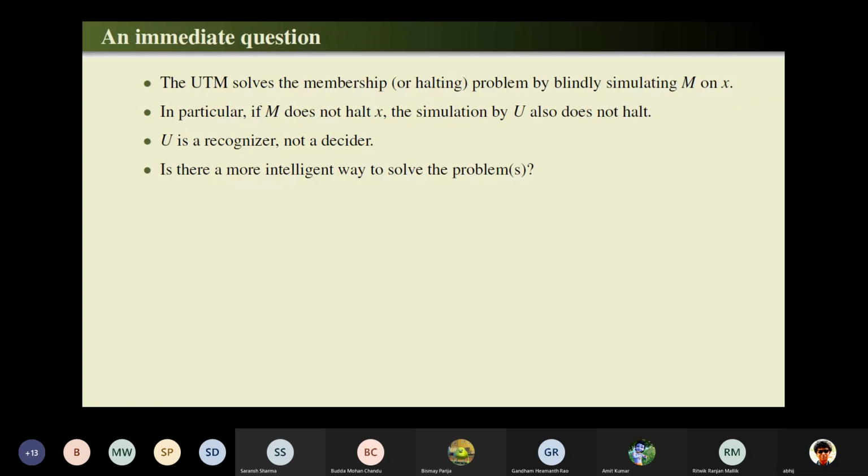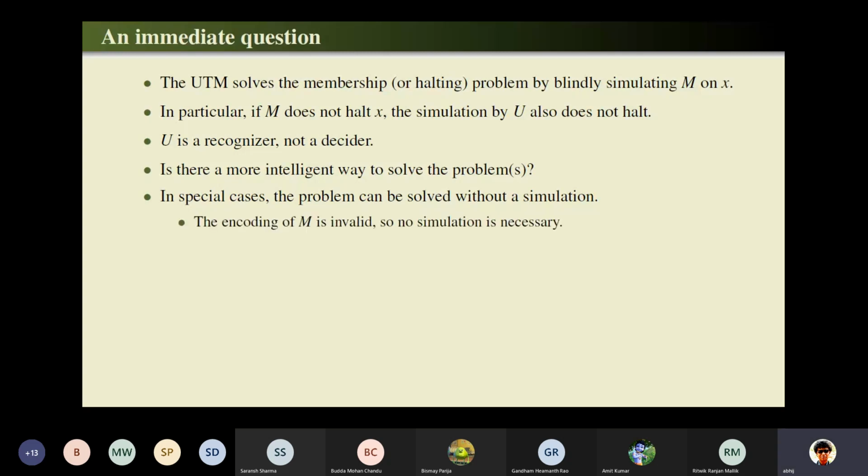There are many special cases where, by looking at the encoding, you or any other Turing machine that tries to solve the membership problem can decide whether M is going to halt on X or accept X. For example, if the encoding of M is invalid, there is no need for any simulation.